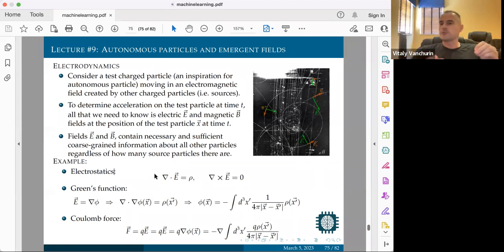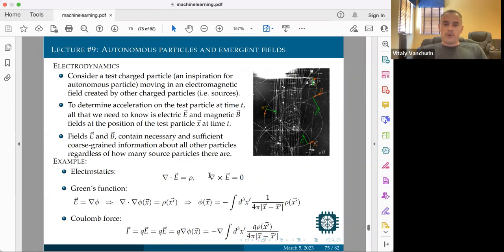Well, for that, we solve Maxwell equations. And here I just choose two Maxwell equations. One tells you this electric field has to have divergence equal to the density of the particles. Now, if the particles are discrete point-like objects, then this rho will be a sum of delta functions. So it's either 0 or a delta function.